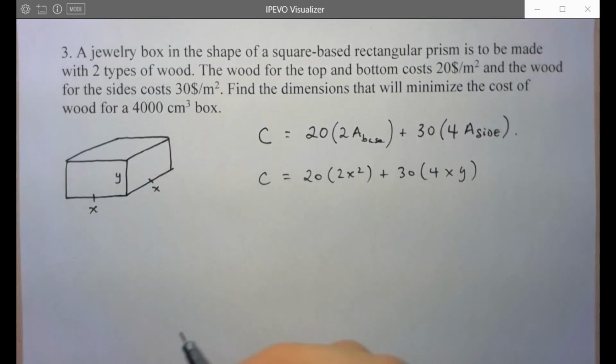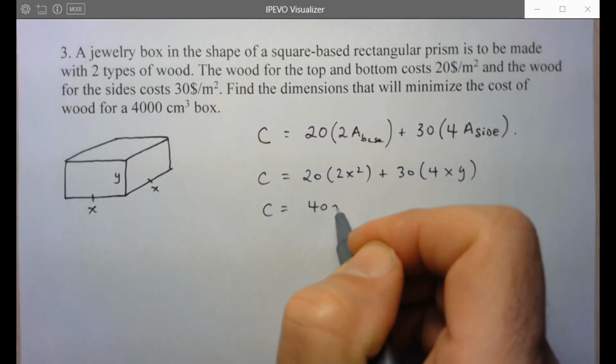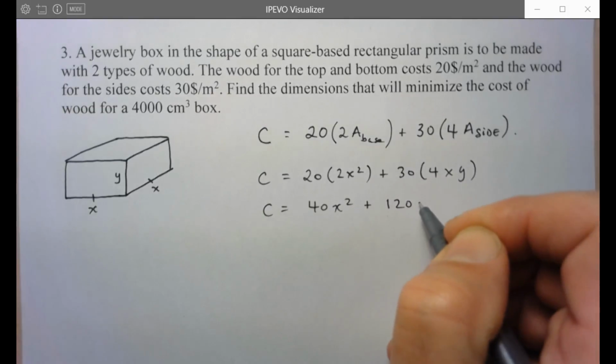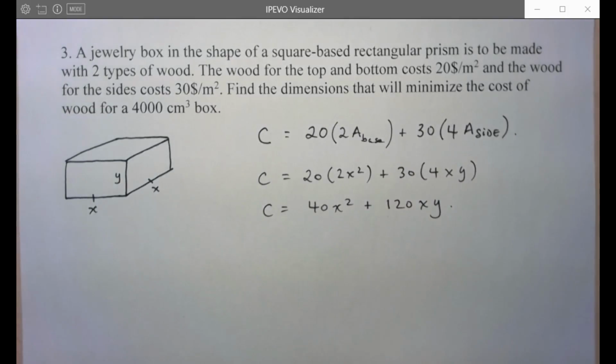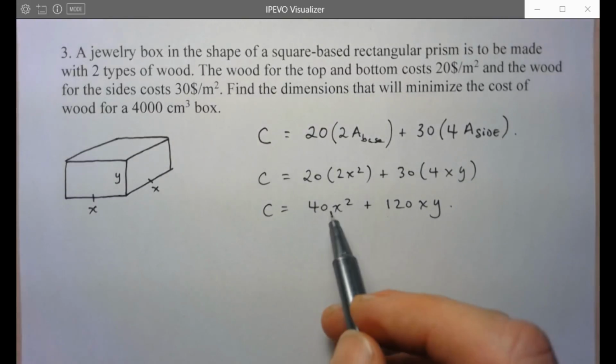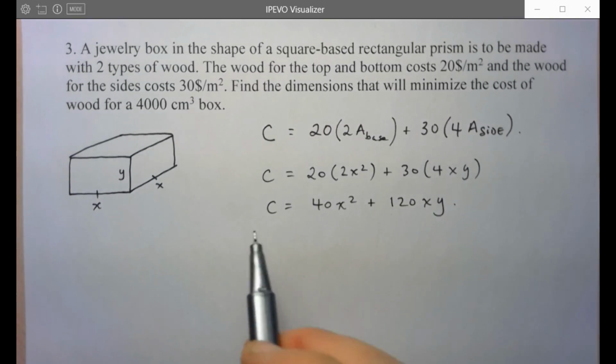Let's clean this up. So the cost is given by 40x squared plus 120xy. And yet again, that familiar issue is that the cost is given in terms of these 2 variables, so we're going to have to find a way to write this in terms of 1 variable.